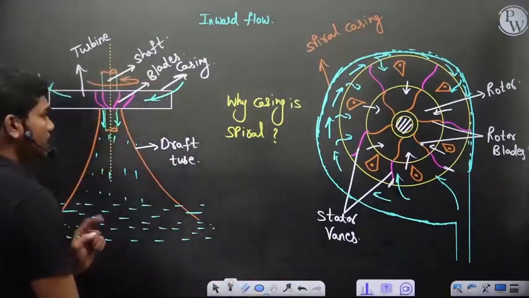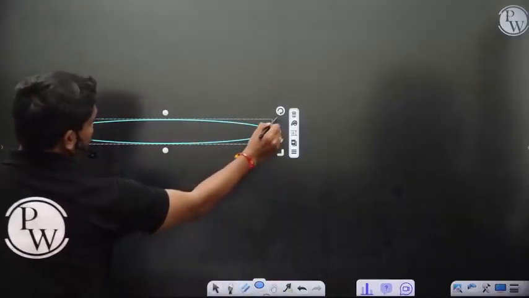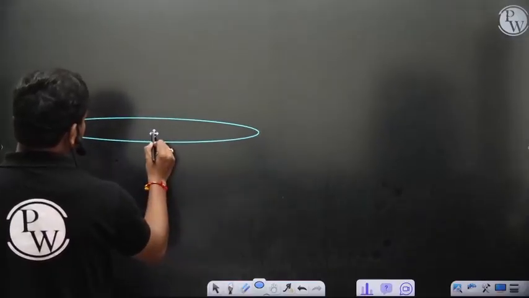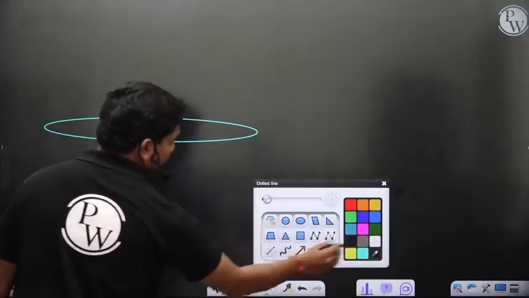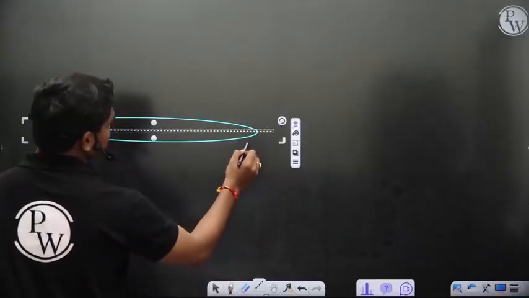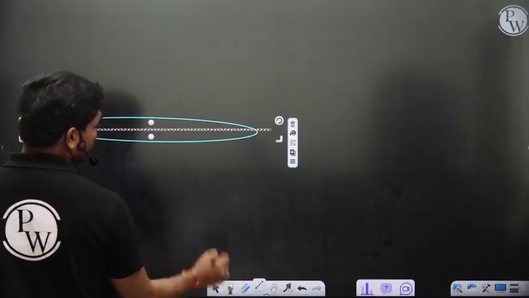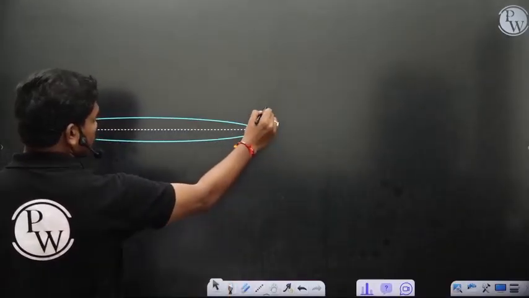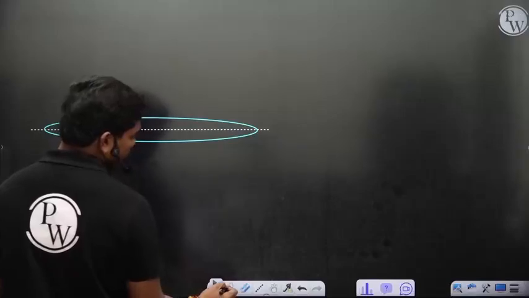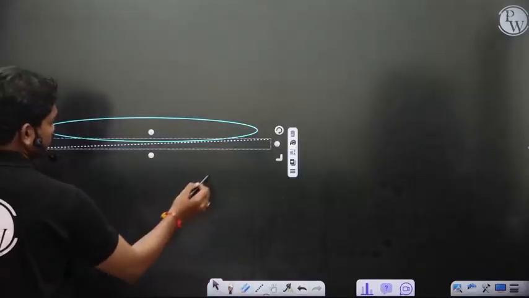So let's see, if this is the runner of the Francis wheel, for example. Fine, so this is the runner. Now you can observe, or else I'll draw it a little.